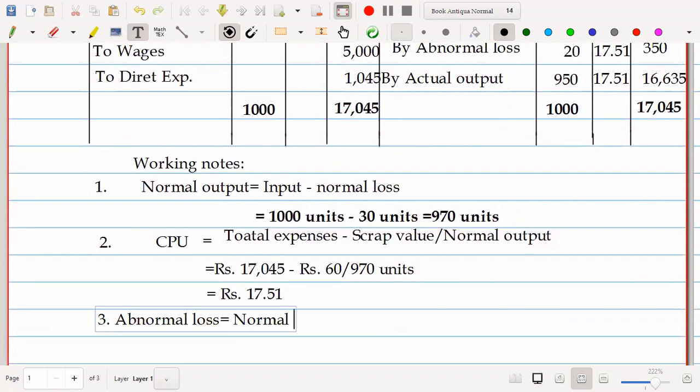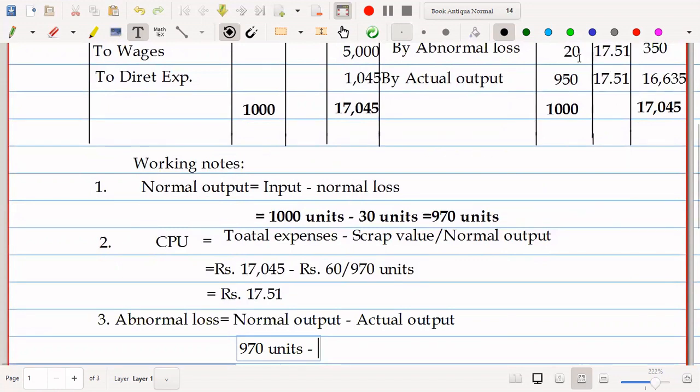Normal output minus actual output. Normal output we calculated is 970 units, minus what was the actual output?